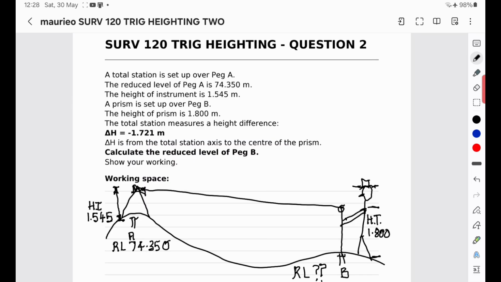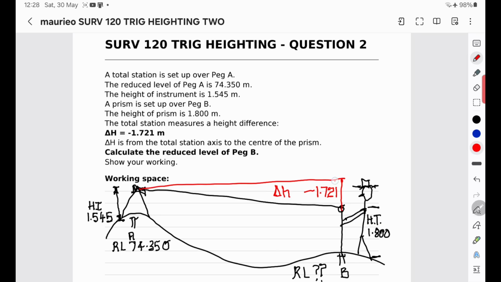We don't know what the distance is from peg A to peg B, but what we do know is that we have got the delta H, the difference in height, and it's minus 1.721.